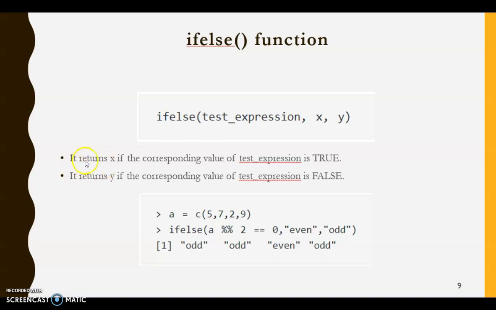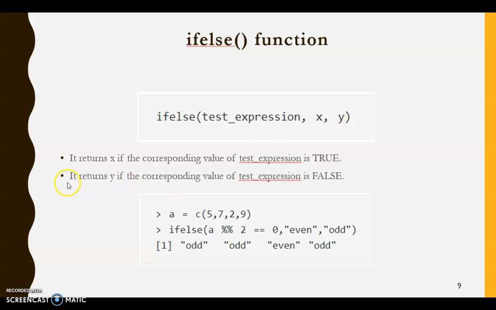And as you can see here, it returns x if the corresponding value of test expression is true. So if your test expression is holding, it is true, the condition holds, it does x, otherwise it does y.